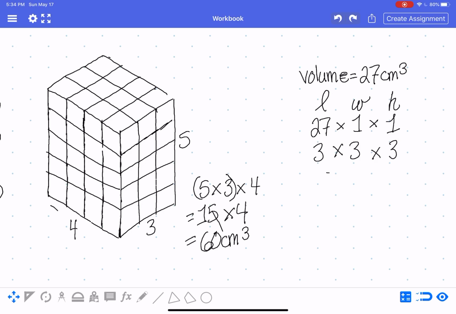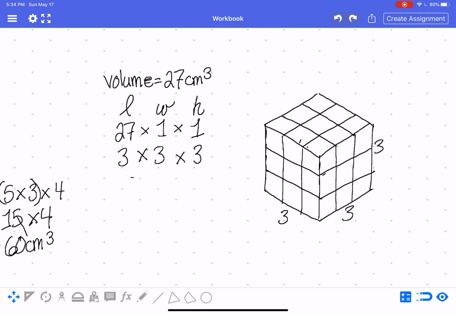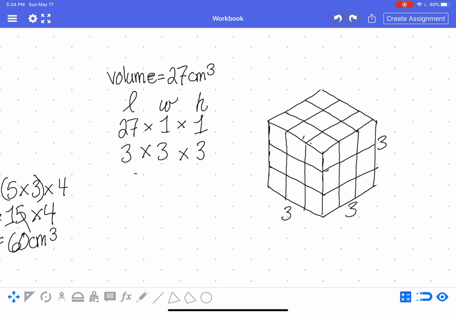Now, for the challenge, I gave a volume. So the volume was 27. And we talked about two different rectangular prisms, 27 times 1 times 1, length of 27, width of 1, height of 1. And then we did, well, how about a length of 3, a width of 3, and a height of 3, right?